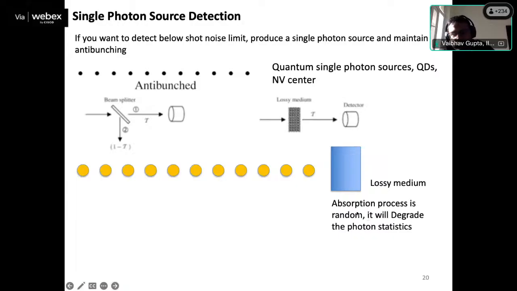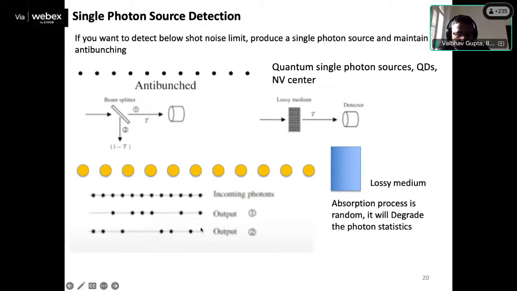These absorptions are random and they will degrade the statistics. Finally, you see the incoming photons, and in outputs 1 and 2 the light is no more perfectly anti-bunched, because some photons got absorbed. This again will give us fluctuation.